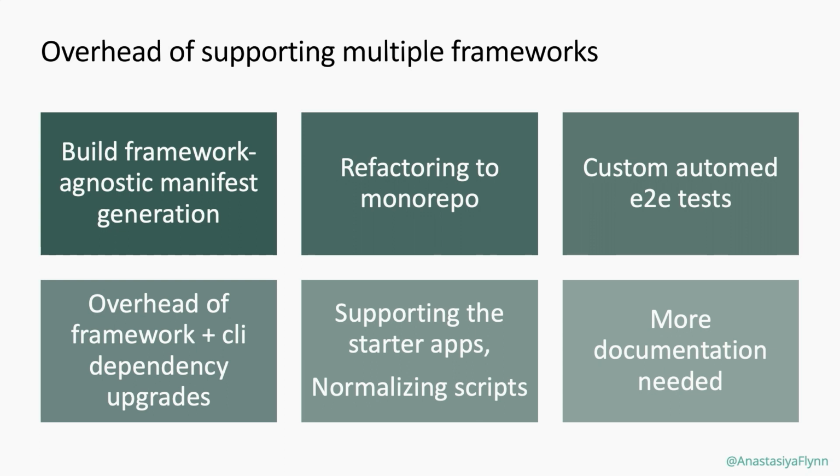For all the changes that happen in the CLIs, we have to update our starter apps. And those are themselves individual projects. When you update the starter apps, you have to update the end-to-end testing. You have to update the scripts in the starter apps. It starts this whole chain reaction. And then of course, there's a whole lot more documentation needed when there are multiple frameworks being supported.